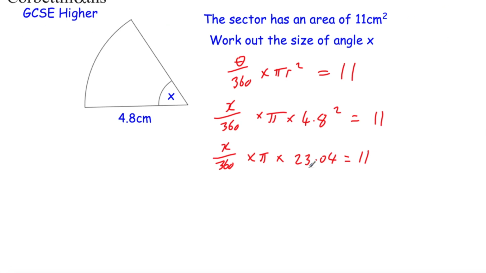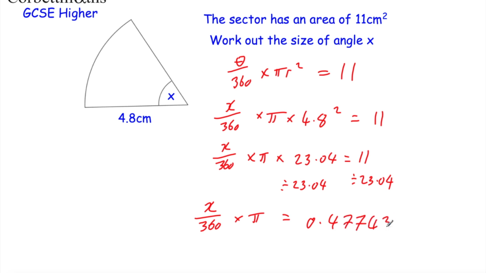So let's do that. Dividing both sides of the equation by 23.04, on the left-hand side you're just left with x over 360 multiplied by pi, because we're dividing to get rid of the multiply by it on that side. On the right-hand side, 11 divided by 23.04 is equal to 0.47743, and so on.